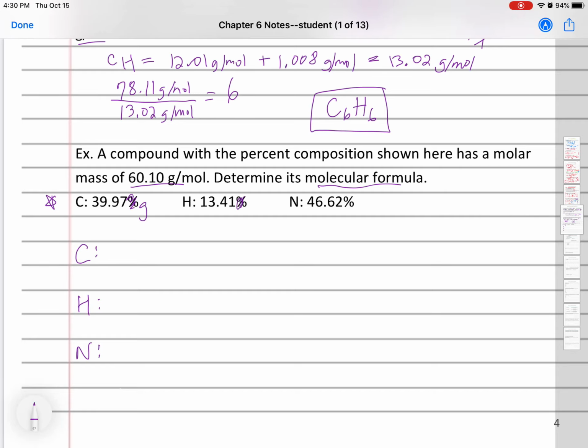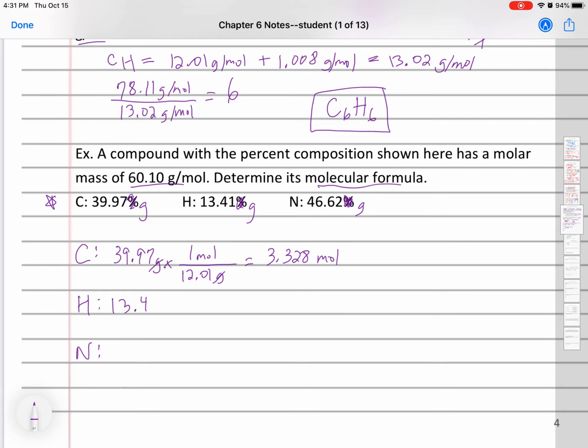So we'll convert these percentages to grams, assuming that we have 100 grams. 39.97 grams of carbon divided by the molar mass of carbon gives us 3.328 moles of carbon.